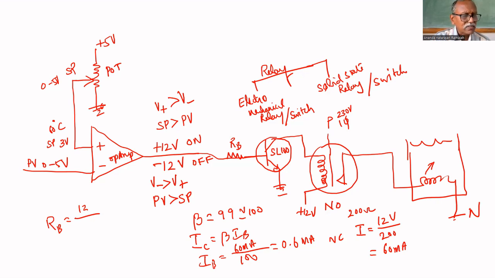Or you can put 12 minus 0.7, that is also possible. 12 divided by 0.6 equals 20. This is in milliampere, so that's 20 kilo ohm. So RB equals 20 kilo ohm.